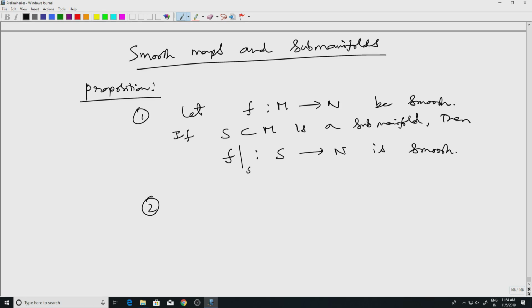Second thing is: let f from M to N be smooth.